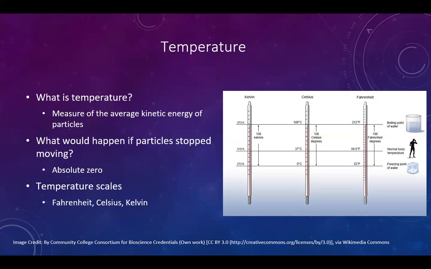There's 3 that are commonly used. There's the Kelvin scale, which is 100 degrees between the freezing point of water and the boiling point of water, but starts at absolute zero. So that's the one that's used in science, because measuring from absolute zero has a whole bunch of convenient properties.